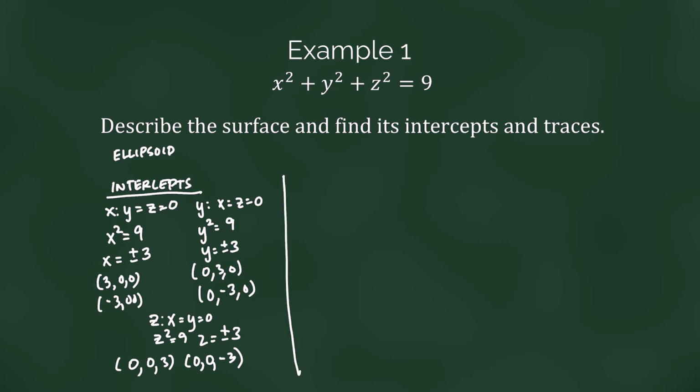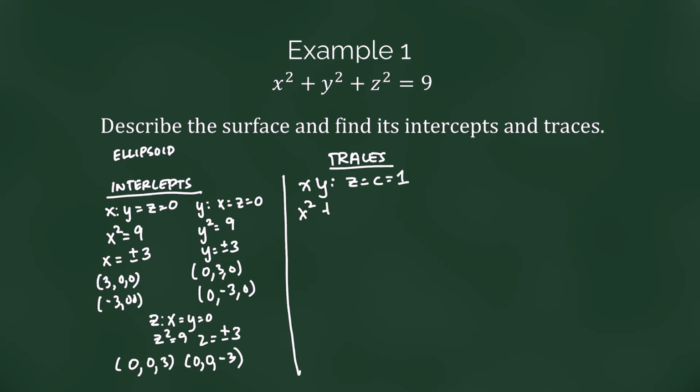Now let's take a look at the traces. So remember we have 3 of those as well. Let's look at the xy trace. The xy trace, we're going to let z be equal to c, some value of c. So that's going to give us x squared, and we can pick a value. Let's let z be, I don't know, let's let it be 1.